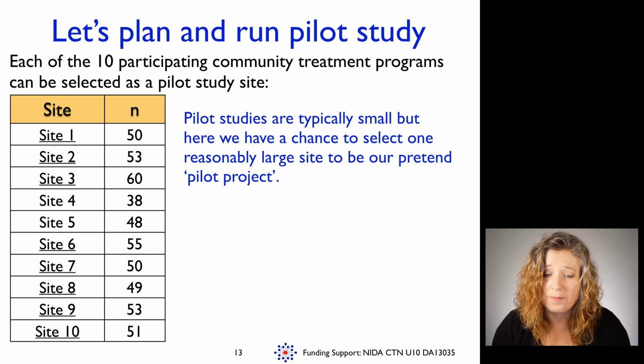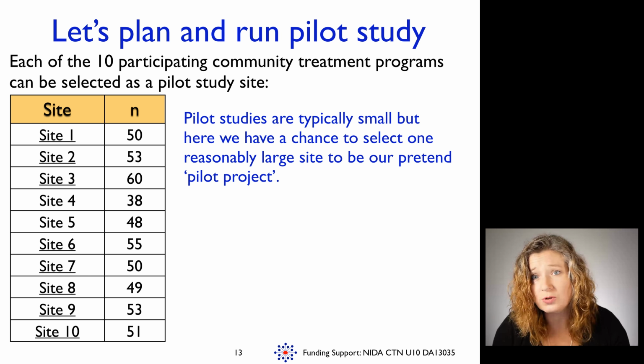So pilot studies are typically small. Classic pilot studies have maybe 10, 12, 15, 20 subjects. In this case, we are actually performing a quite large pilot study. Our smallest site is 48, site 5, and our largest site is 60. So this would be a potentially quite large pilot study.